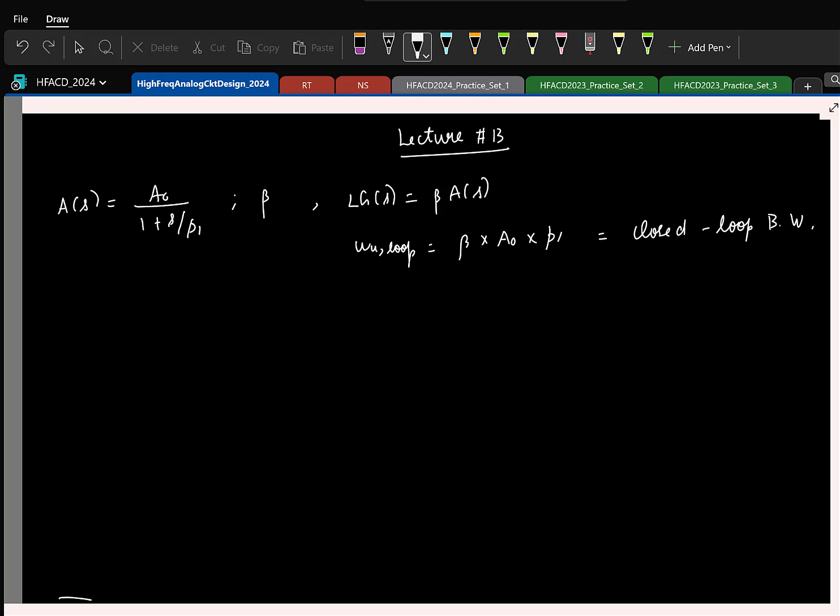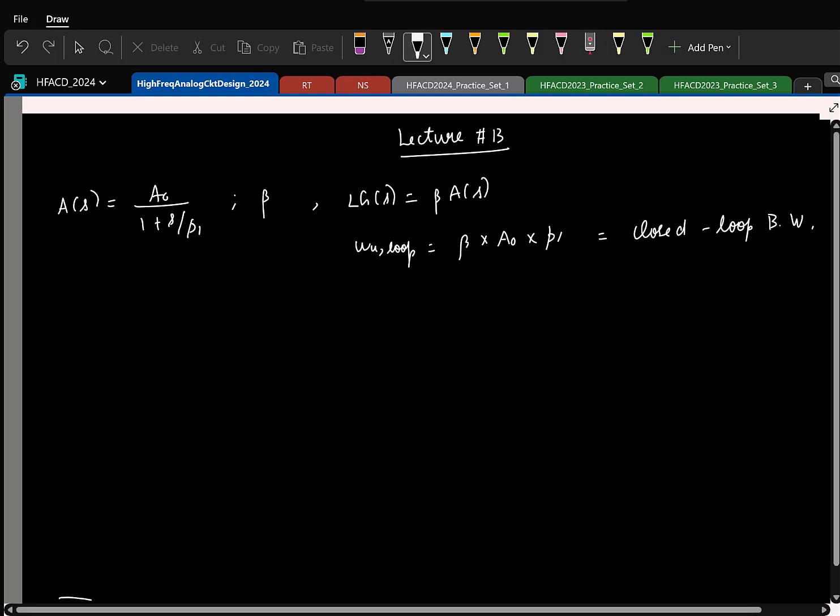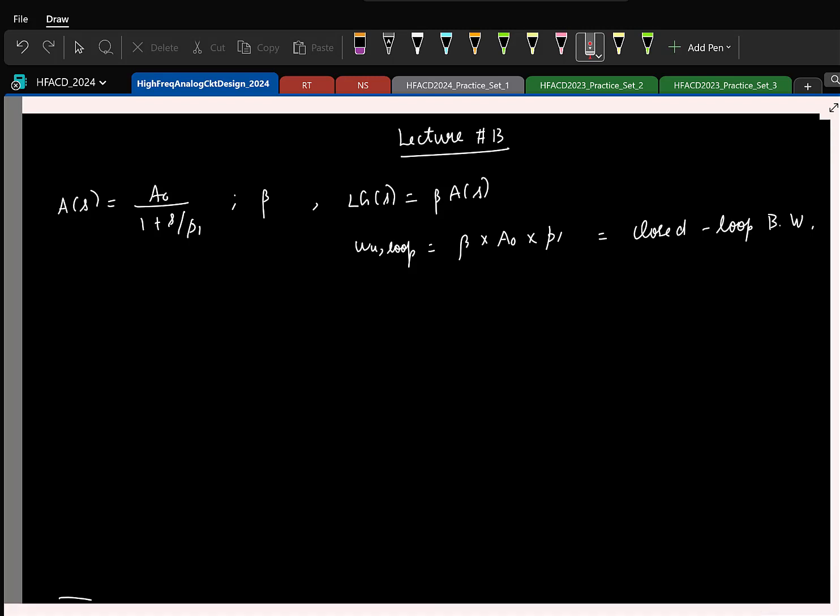Great. So now in a first order system, how did we convince ourselves that it is always stable in negative feedback? Basically we computed the closed loop poles, and we saw that they are always in the left half of S plane, and that's how we guaranteed stability.